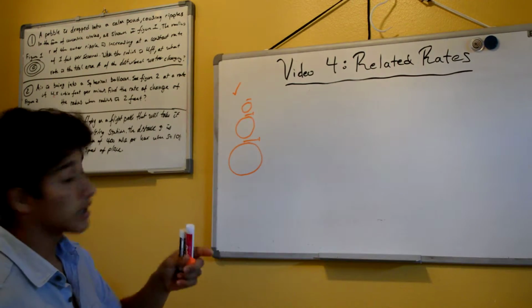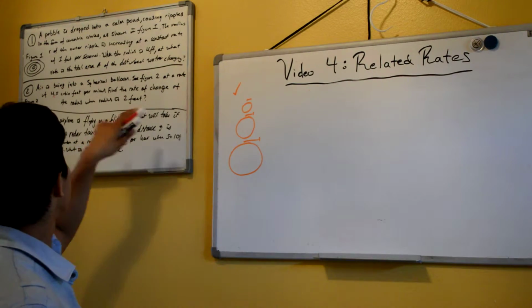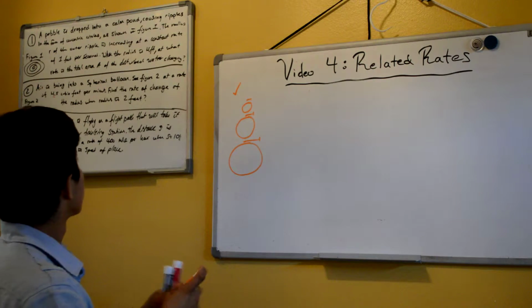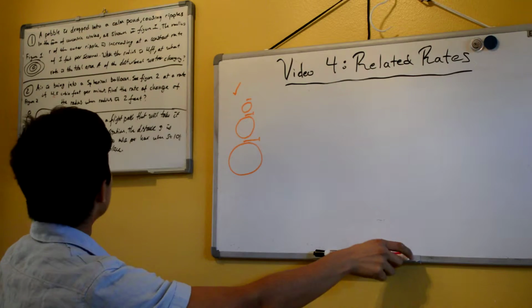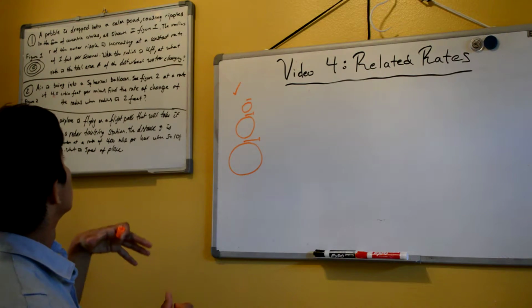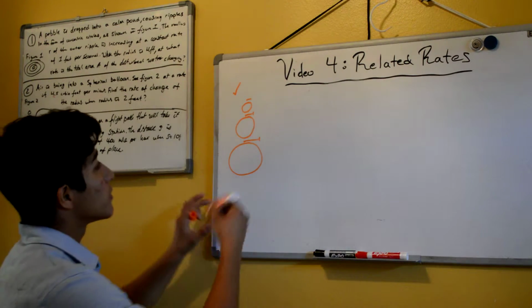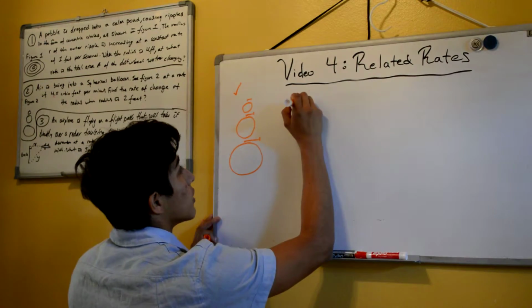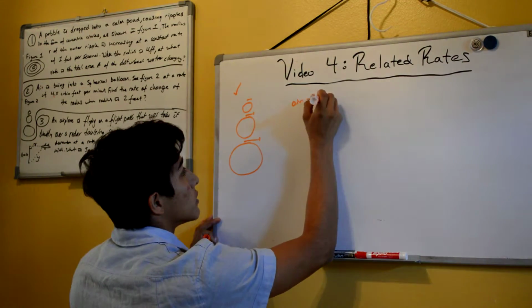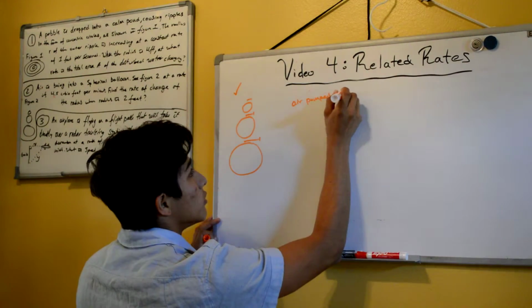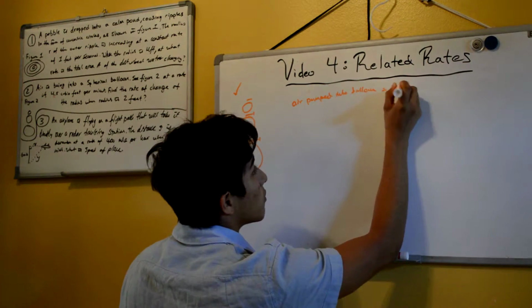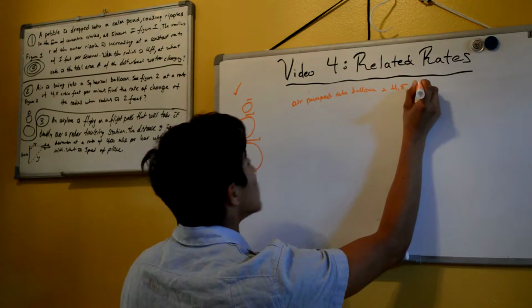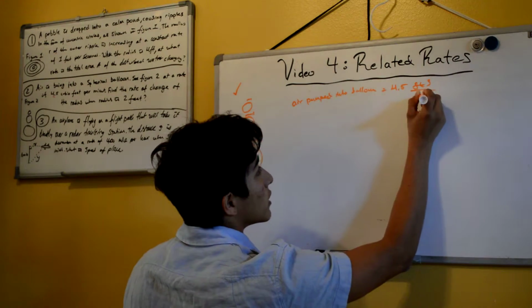Now we're going to write our givens. At a rate of 4.5 cubic feet per minute, air is being pumped into the balloon.